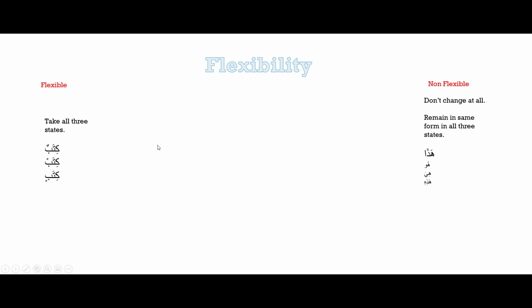Now, in between these two, flexible and non-flexible, we have a third category, and that is partly flexible. Partly flexible isms are going to change two signs. They will take dhamma and fatha. They are not going to take kasra.